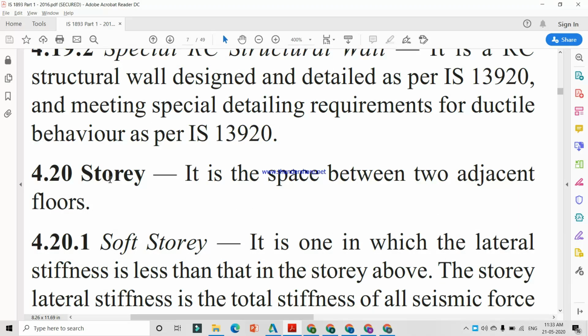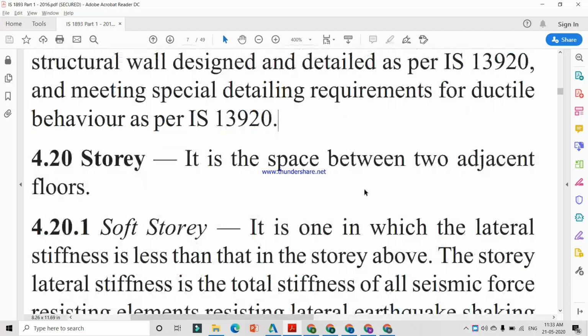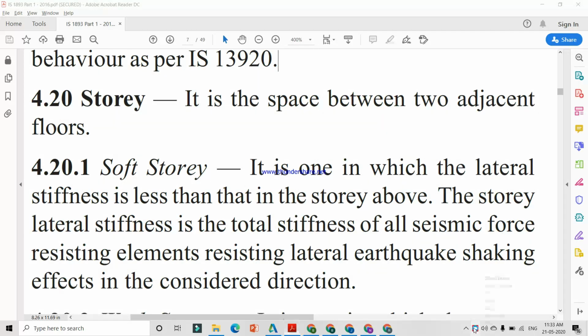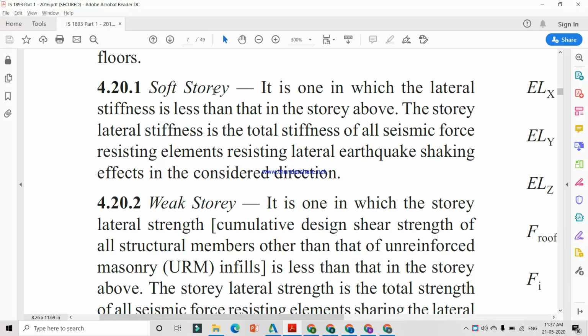The next is a story. It is the space between two adjacent floors. You can also say the clear height of the story. The next is a soft story. Soft story is one in which the lateral stiffness is less than that in the story above.